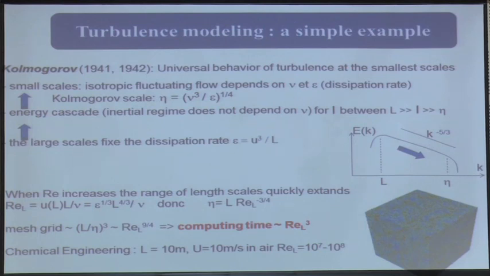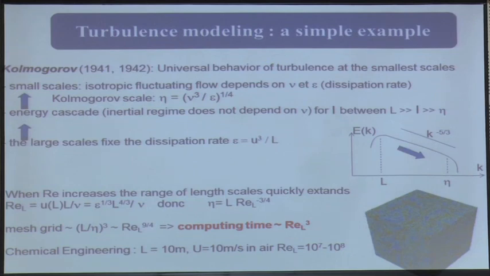So you need to have a delta t which is also adapted to delta x. And that will give you at the end a computing time which is proportional to the Reynolds number to the power 3. And it is very, very drastic.